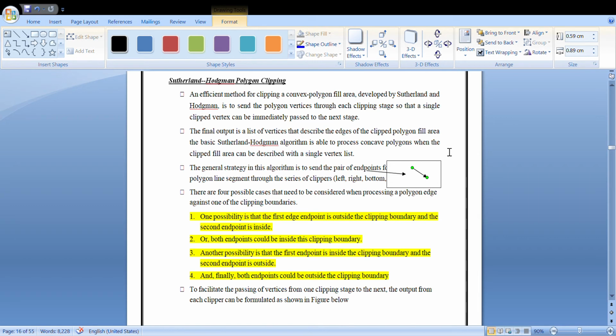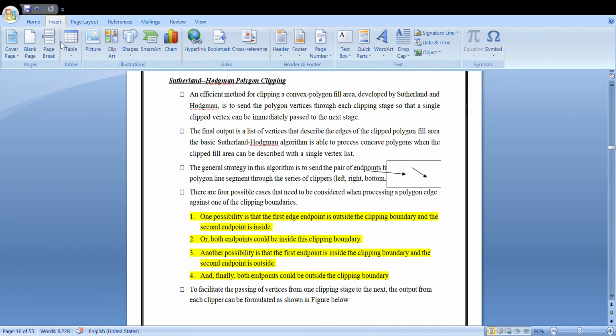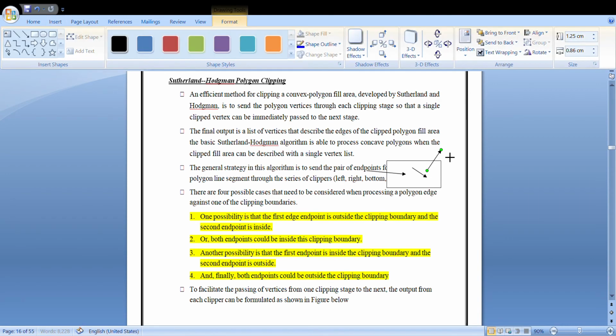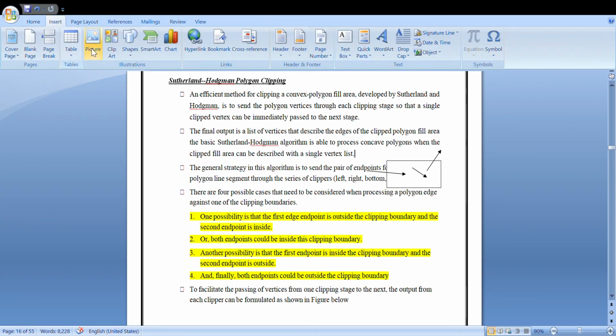Or the other way of your first case, that is, a line can be moving in this case where your first endpoint is inside but your second endpoint is outside. This can be one case, or it can be another case where both of your points are lying outside.